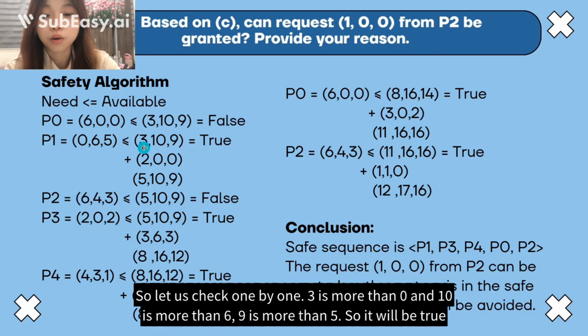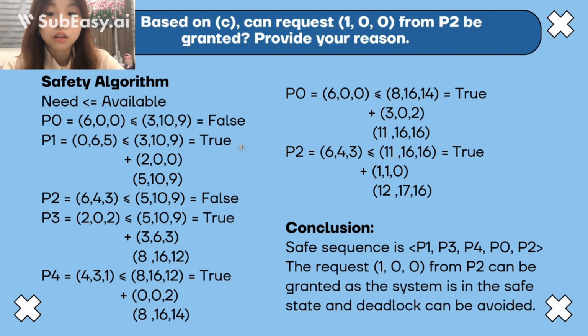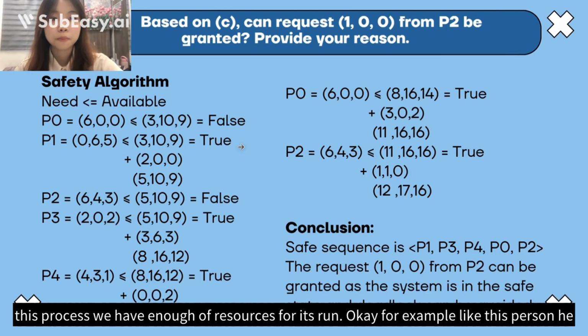So let us check one by one. 3 is more than 0, and 10 is more than 6, 9 is more than 5, so it will be true. When it is true, we have to update our available, because right now we will set that this process has enough resources for its run.